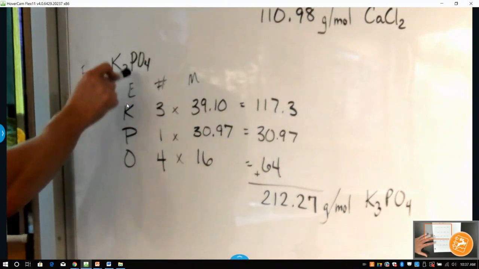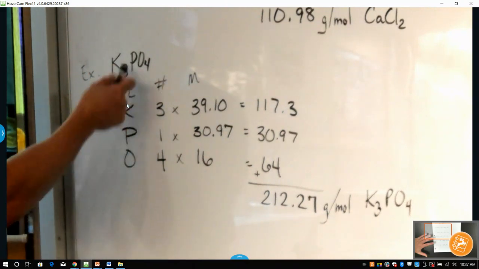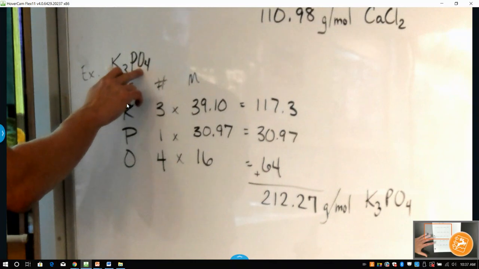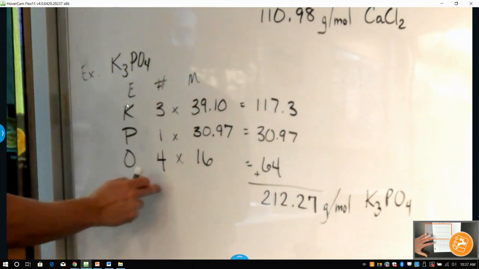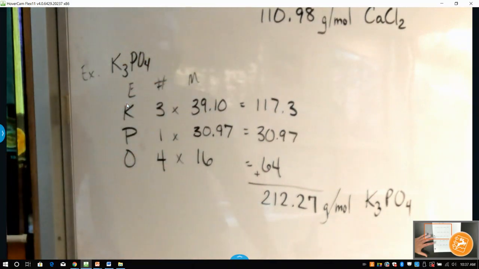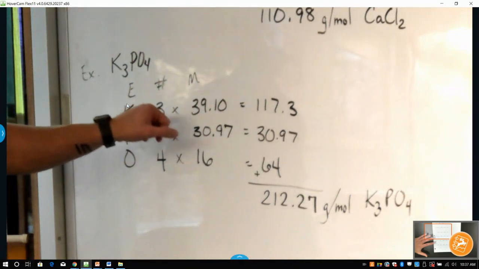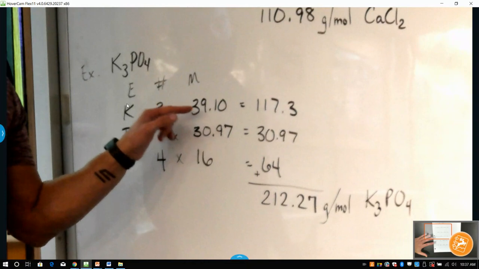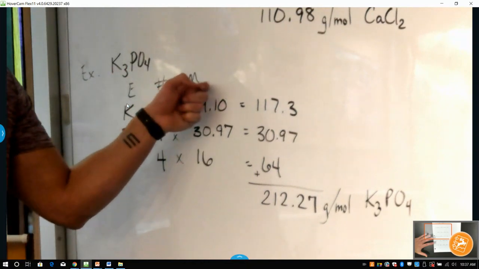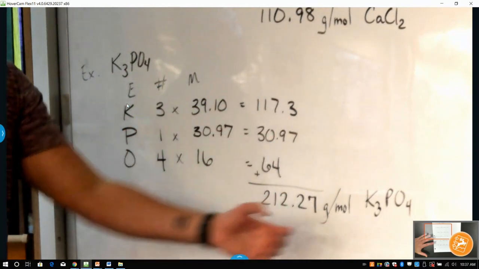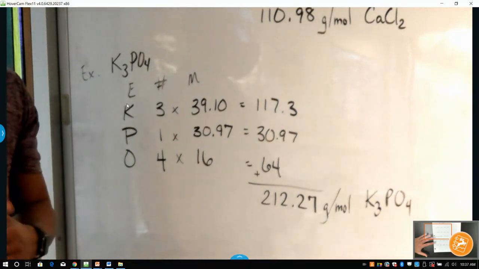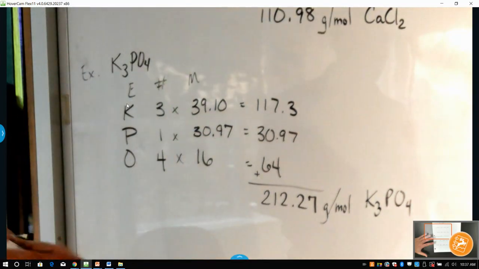Next element, phosphorus, P. There's only one. Next element, oxygen. There are 4. Find their masses from the periodic table. Multiply the number times the mass, right? The number of each element in there times their molar mass. Get them and add them together, and that'll be your grams per mole of said compound.